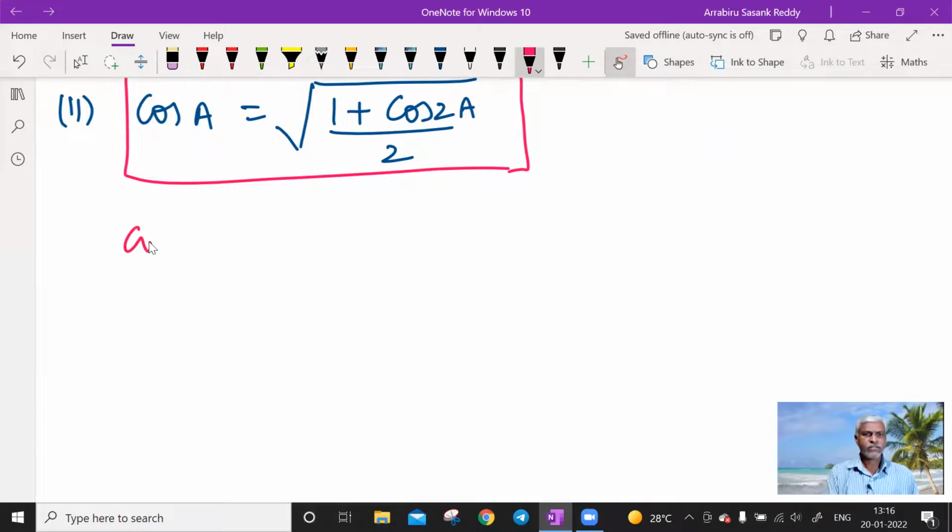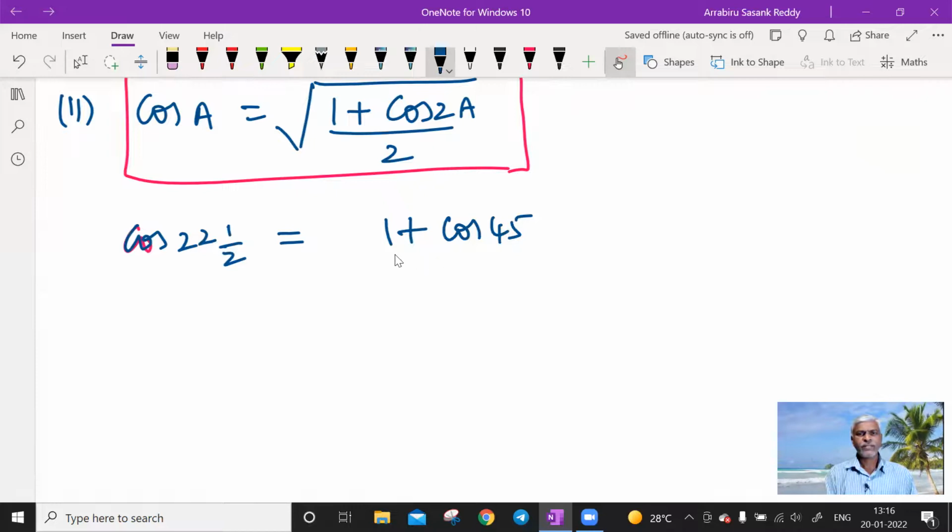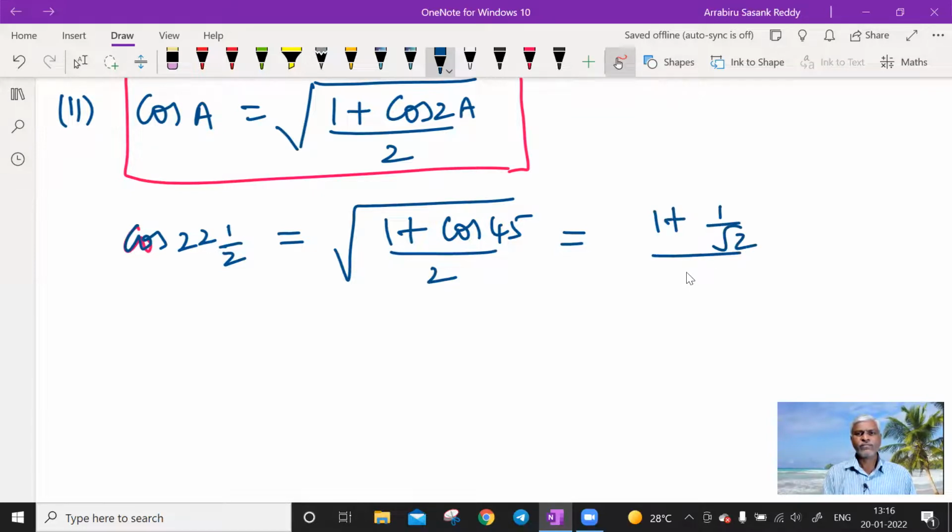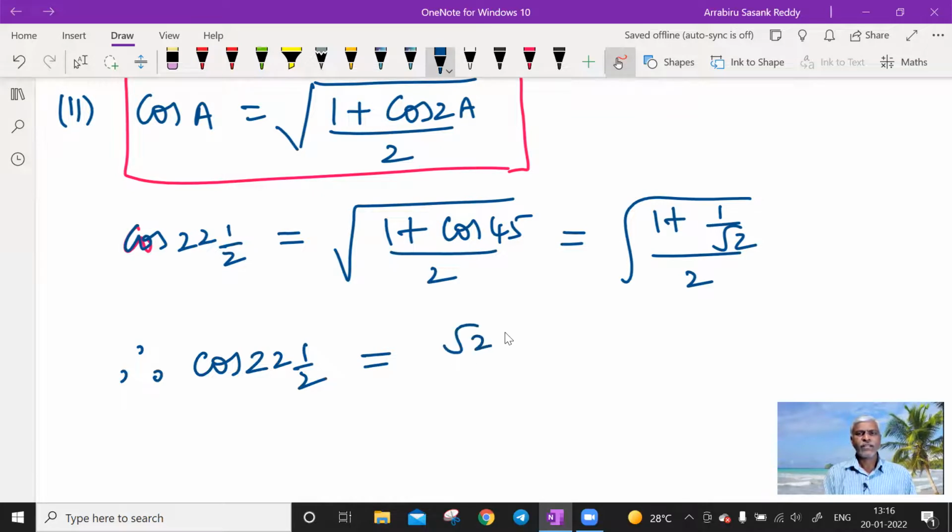So cos 22 and a half is equal to under root 1 plus cos 45 by 2, 1 plus 1 by root 2 by 2. So therefore, cos 22 and a half is equal to, taking LCM, under root root 2 plus 1 by 2 root 2.